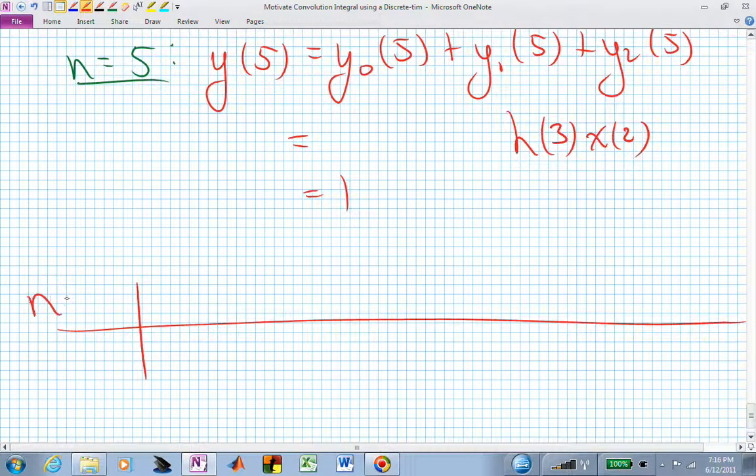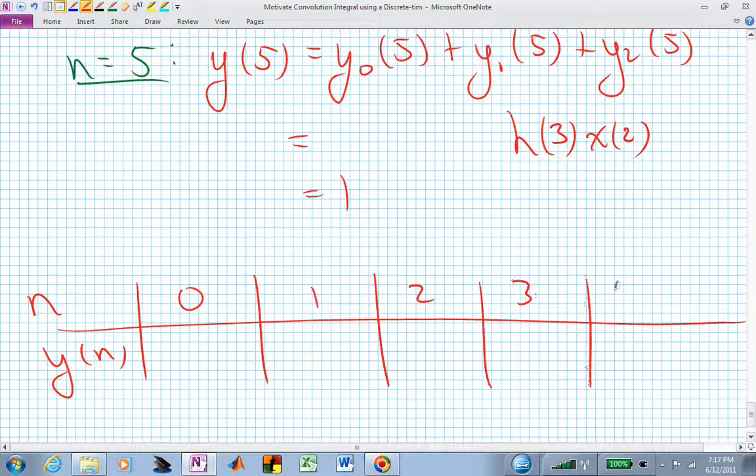If we put all of those pieces together, that will now be our total response of this system. Here is n, and here's y of n, and I'm probably going to forget some of those values. But we started with n equals 0, and we only had the response due to the input at time n equals 0. At time 1, we had the contribution due to the input at 0 and the input at 1, giving us 5 halves.